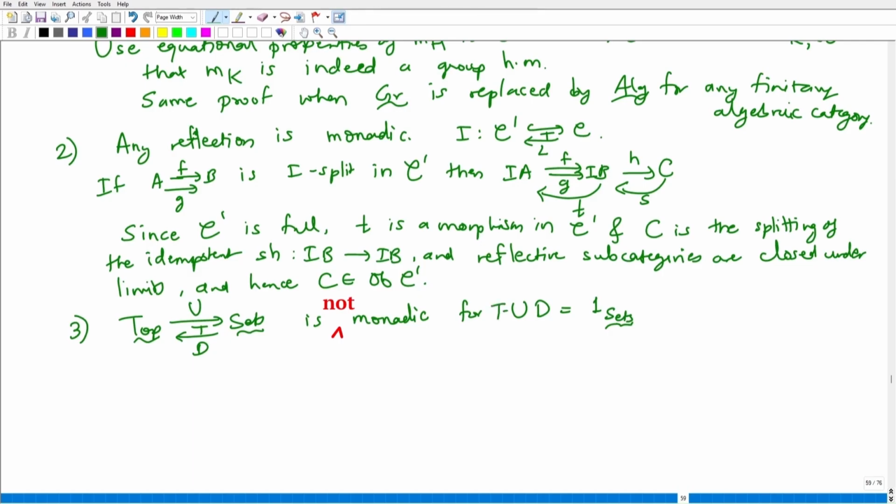And this is the monad induced by this: T is identity, then eta is 1 sub Sets, and mu is also 1 sub Sets. Nothing is happening anywhere. And obviously, the identity monad is not going to generate the category of topological spaces. So it can't be monadic.